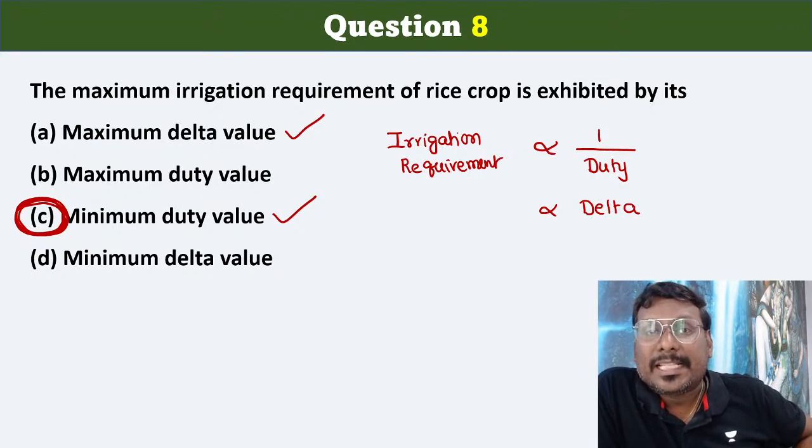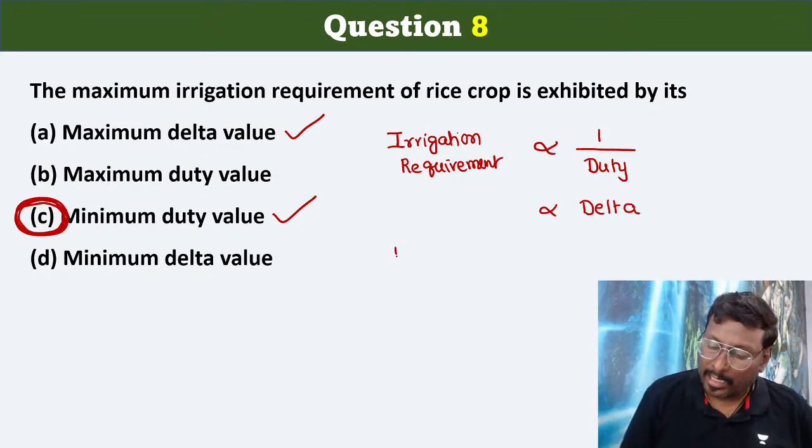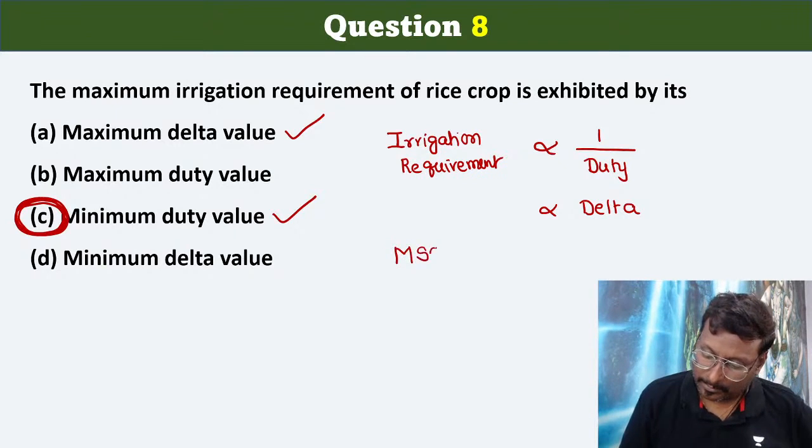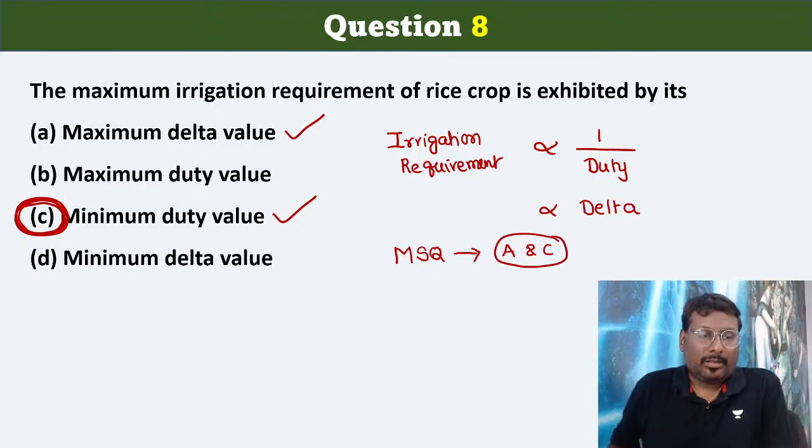Out of duty and delta, duty is more important than delta, Mamata. MSQ hoga, A and C. Okay?